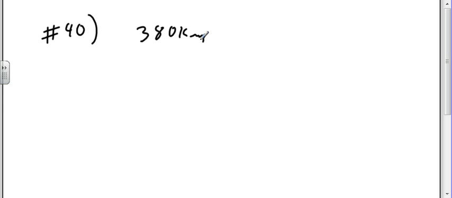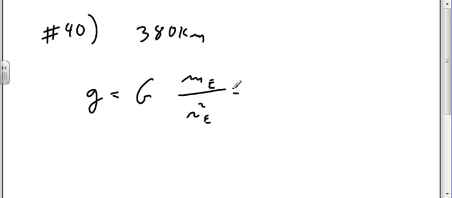Okay, so we look at 5.6. And we find that gravity is going to be G, the gravitational constant, times the mass of the Earth, divided by the radius squared.